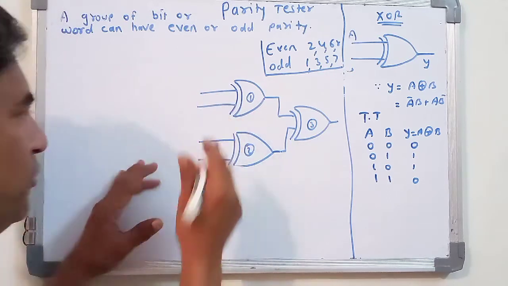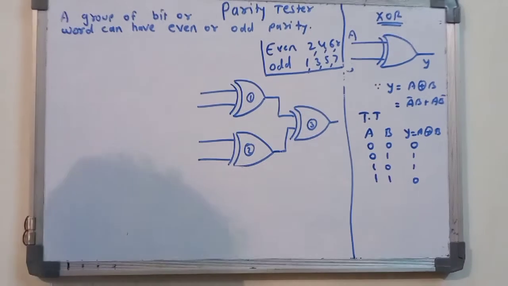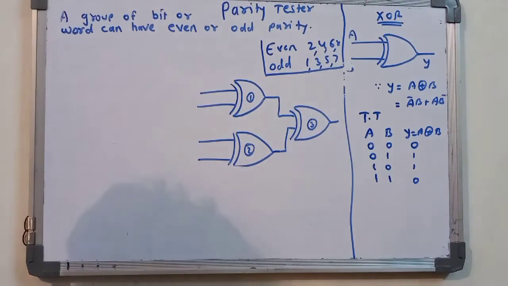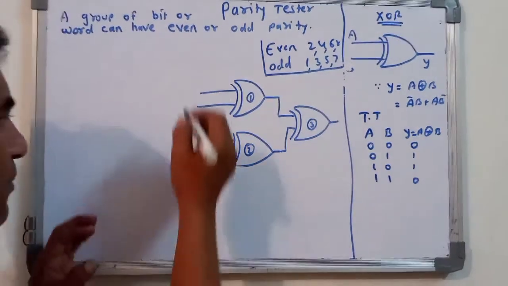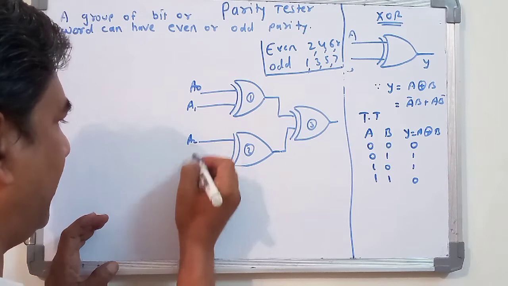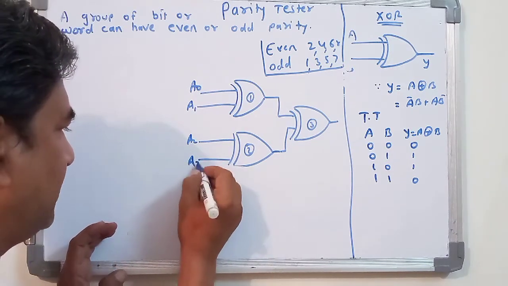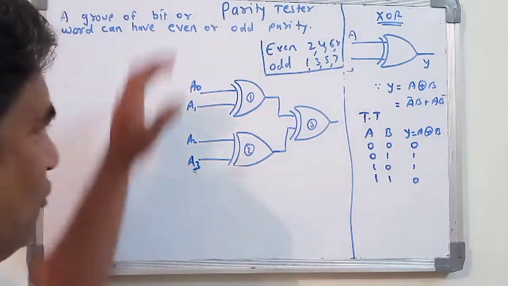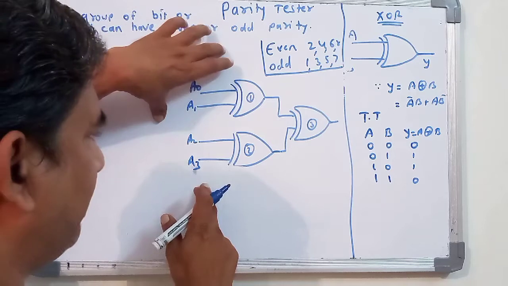So here you will be getting certain inputs. Those inputs we have to mark as variables, called A0, A1, A2 and A3. So A0, A1, A2 and A3 are the variables.